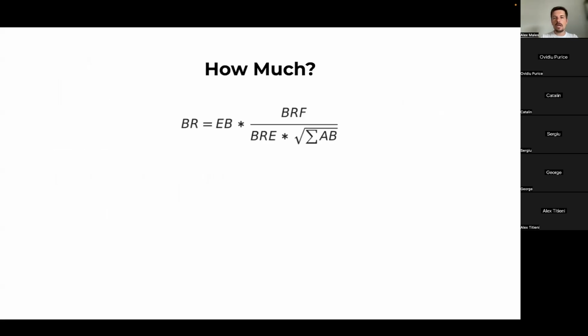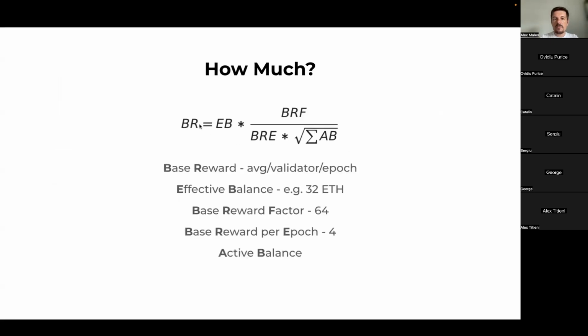Okay, now how much? This is a formula that, I hope, doesn't look too awful. So you have the base reward. Everything in proof of stake rewards on Ethereum is calculated based on this base reward, which is basically the average reward per validator per epoch.